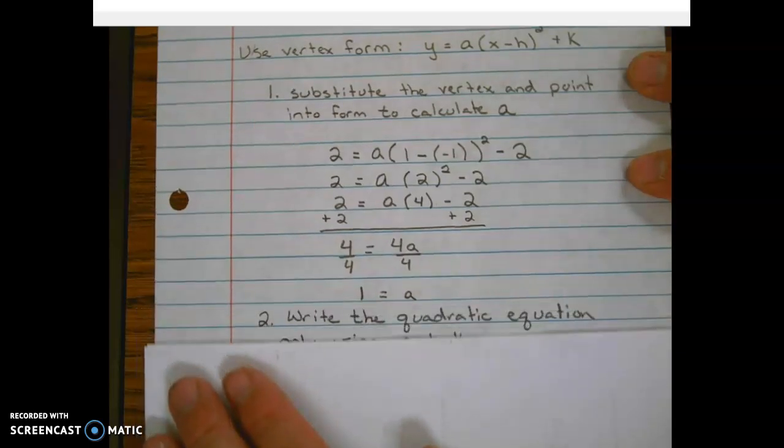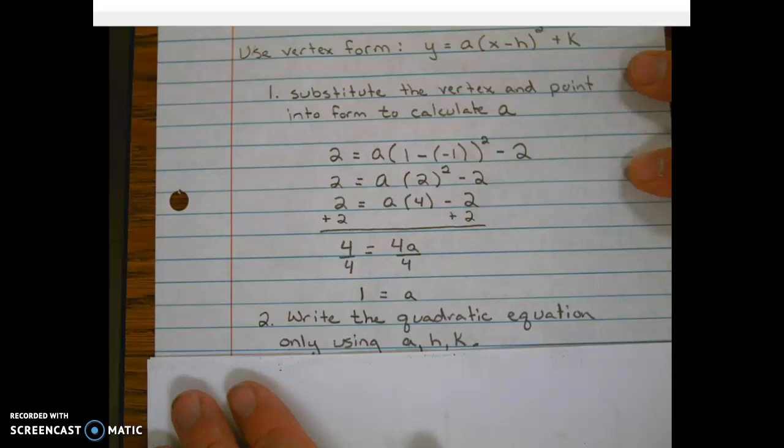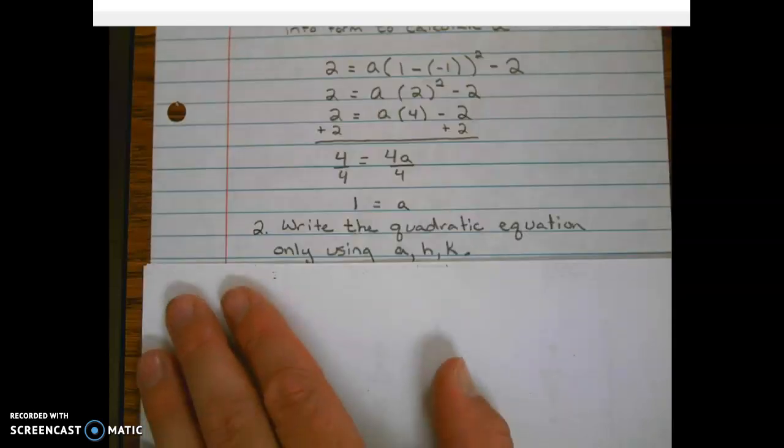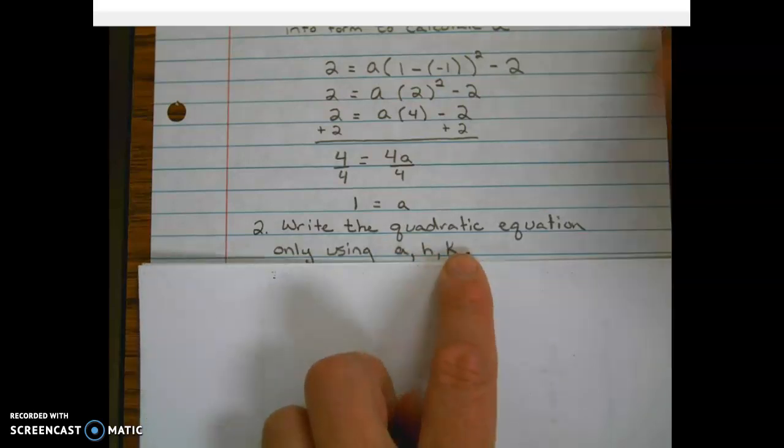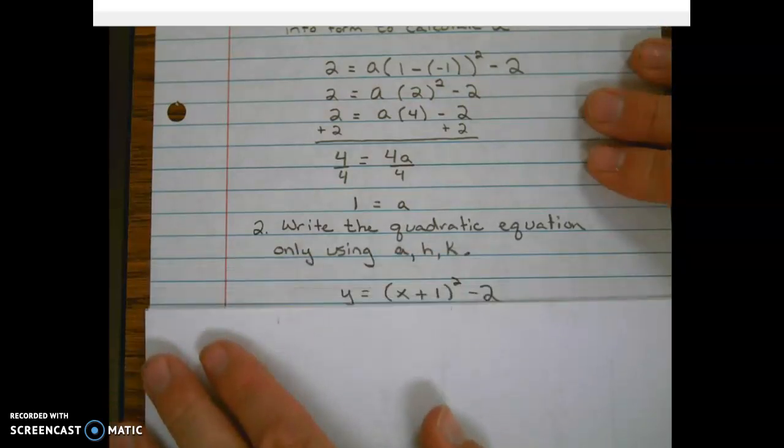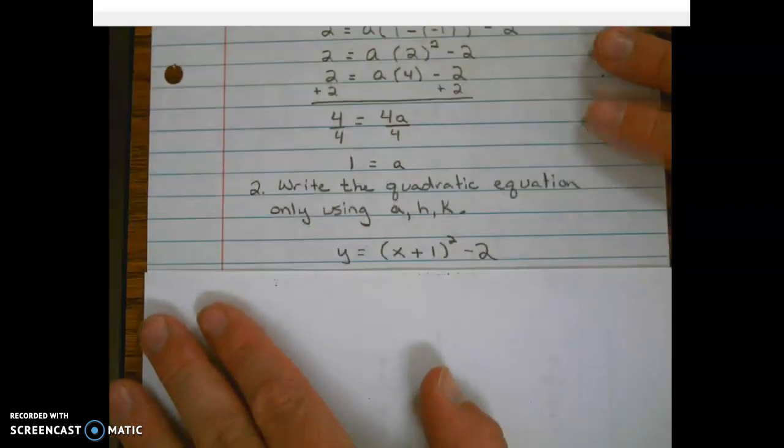All right, step 2. Once we have found the a value, we can write the quadratic equation using only a, h, and k. So we're going to plug those values into our equation.